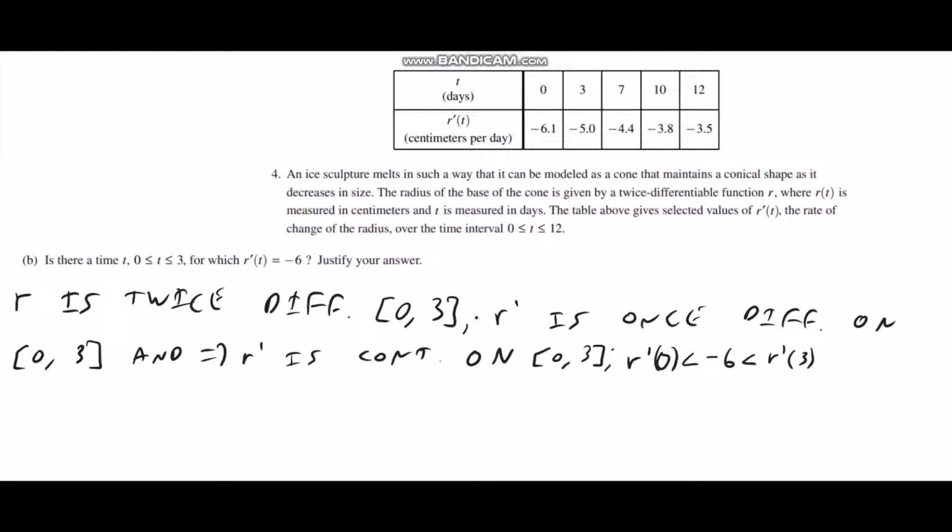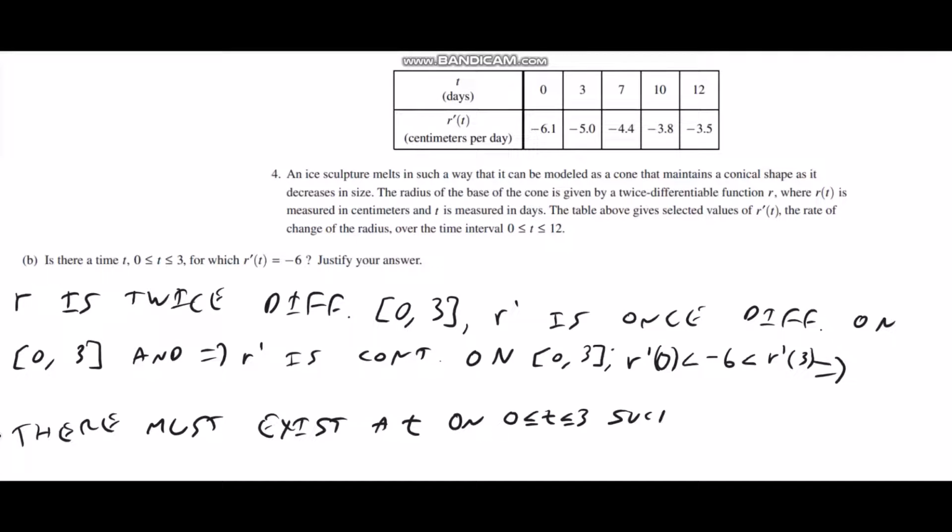And because negative 6 is in between these two values of a function and the function is continuous, I will now say that there must exist a t on this interval from 0 to 3 such that r prime of t equals negative 6 by the intermediate value theorem.